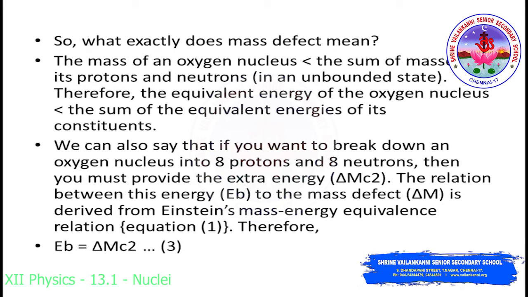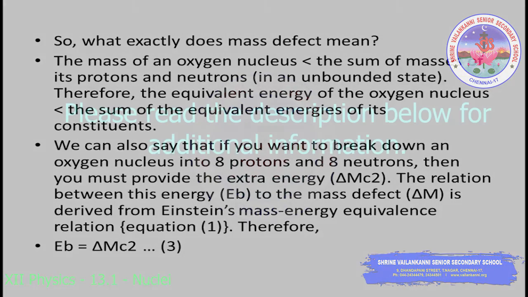We can also say that if you want to break down an oxygen nucleus into 8 protons and 8 neutrons, then you must provide extra energy, delta m c squared. So the relation between the energy EB and the mass defect delta M is derived from Einstein's mass-energy equivalence: E equals mc squared, or EB here, because we have taken binding energy, equals delta m c squared, right?